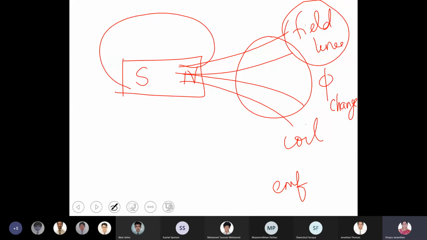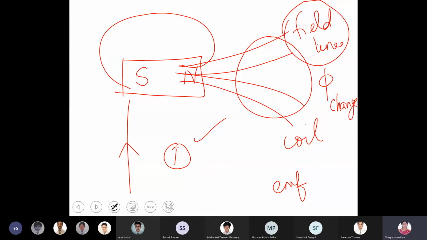How did he prove this? If you keep a small magnetic needle, a magnetic compass, near a current carrying conductor, it is deflected, which proved that a current carrying conductor produces a magnetic field. This was the statement put forward by Hans Oersted.